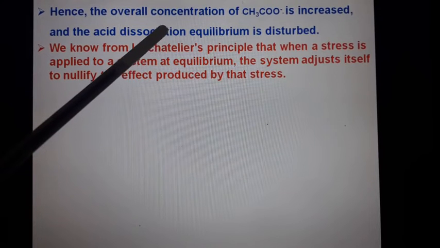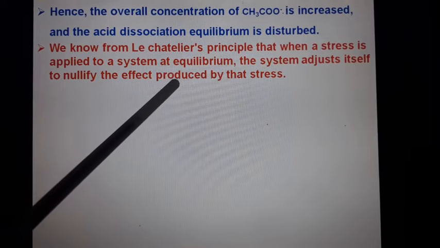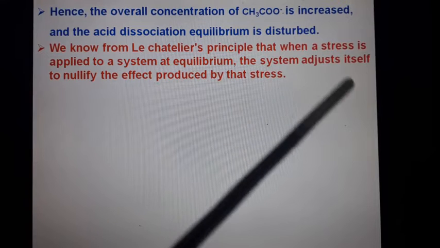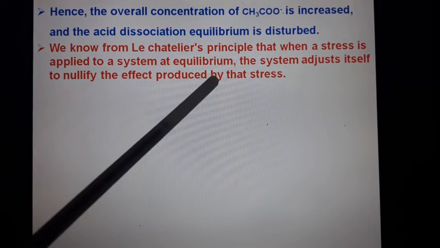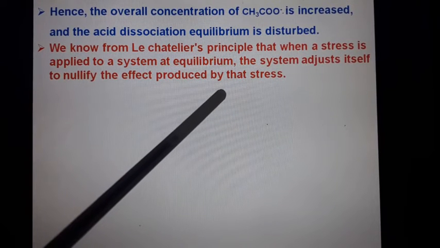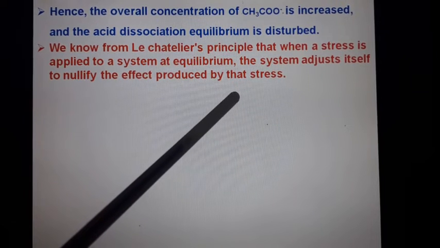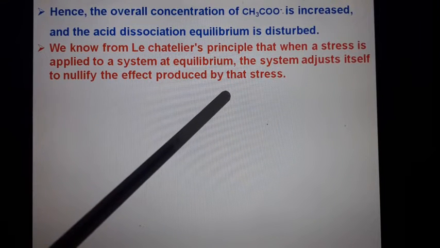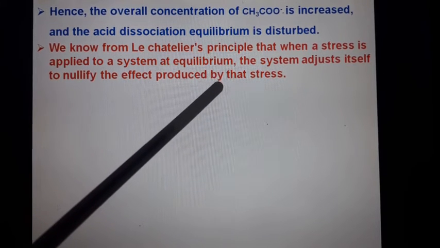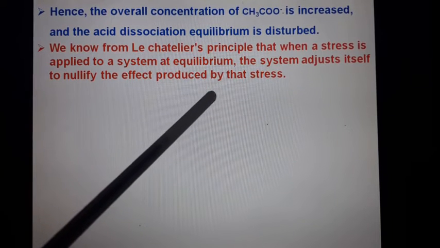We know Le Chatelier's principle: when a stress is applied to a system at equilibrium, the system adjusts itself to nullify the effect produced by that stress.